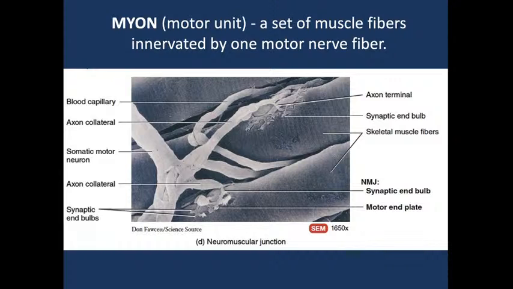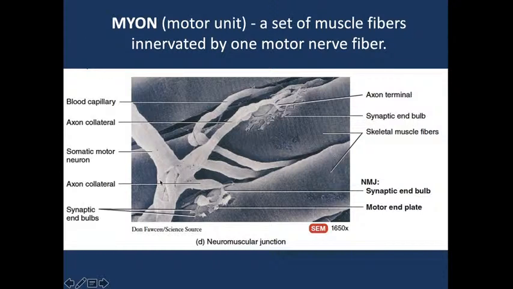As noted early in our lecture, neurons can stimulate skeletal muscle fibers to contract, and these neurons are called somatic motor neurons. You can see these neurons here.